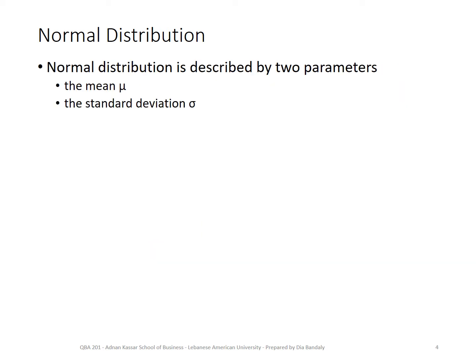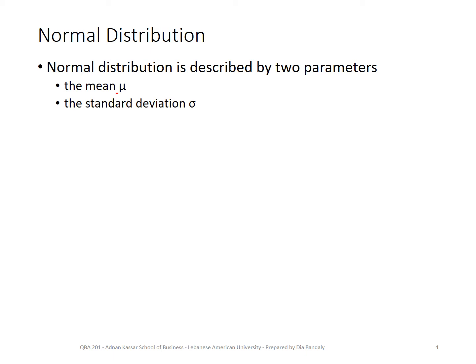Let's examine the effects of the two parameters of a normal distribution on the shape of the curve. We agreed that whenever we are describing a variable x that has a normal distribution, we should know the parameters of this distribution, and the parameters are the mean and the standard deviation.